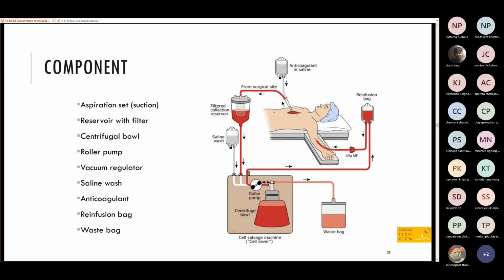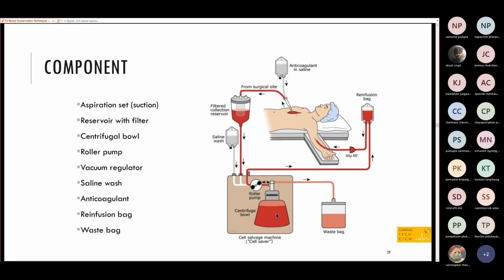Okay. So here is the component that I have talked about, the centrifugal bowl, or centrifugal pump inside here, and there is a bowl here. When it's spinning round and round, it separates the fluid into two parts.